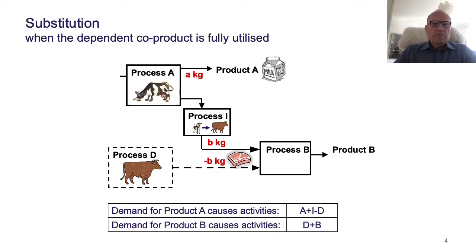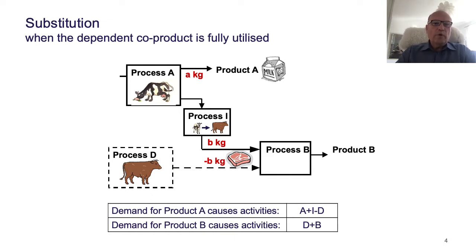So there is no partitioning of any process, but just adding A plus I minus D. If we instead look at what happens if we ask for product B, that takes product D plus product B, because you cannot have any more output from process A, simply because that is already fully utilized, which was the first condition that we were investigating.